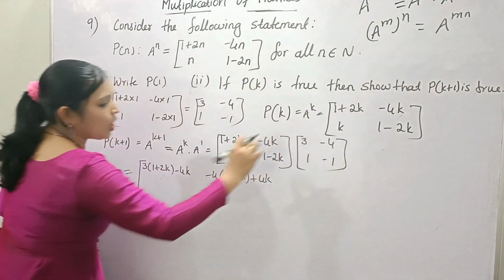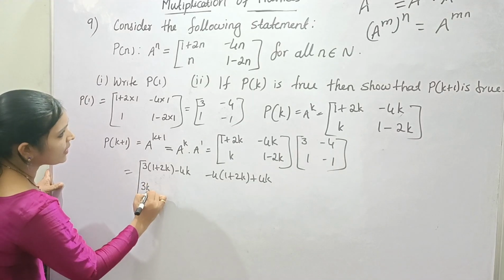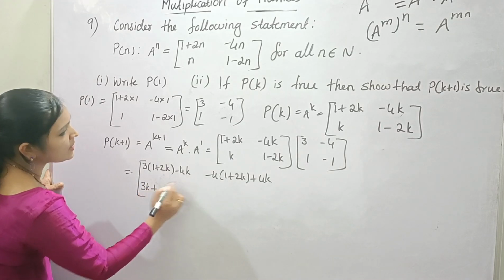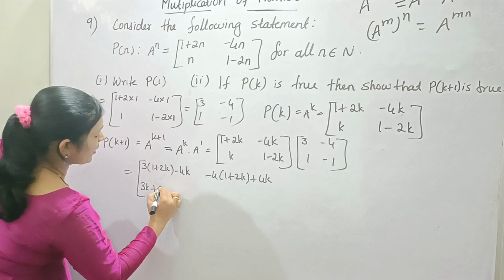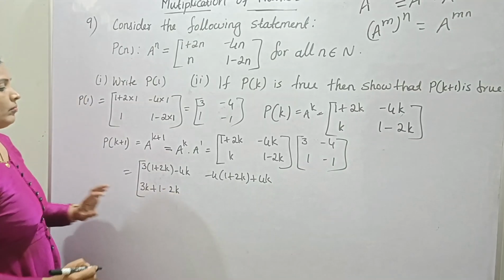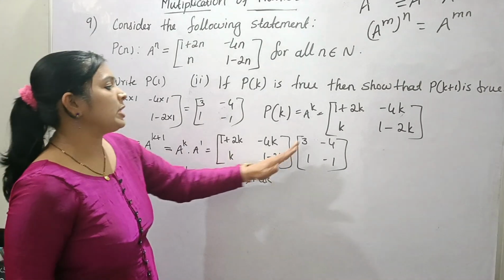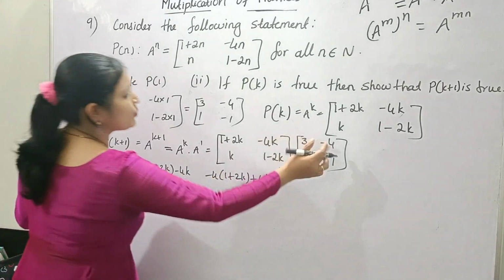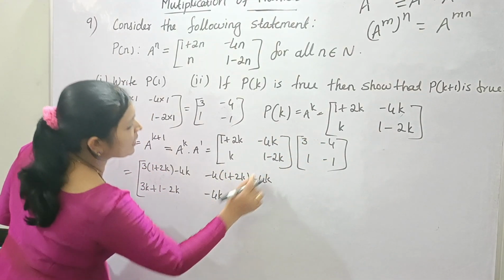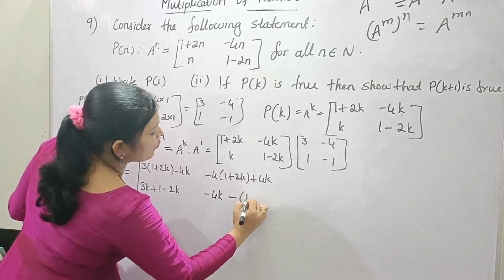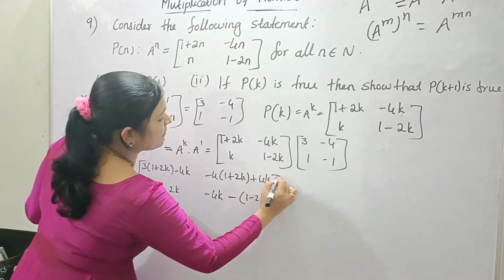Second row multiplied with the first column: 3k plus 1 minus 2k. Second row multiplied with the second column: k into minus 4, minus 4k minus of 1 minus 2k.